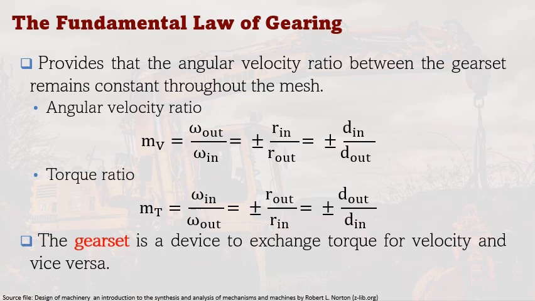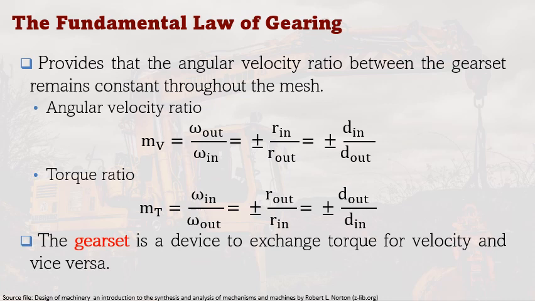The gear set therefore is a device to exchange torque for velocity and vice versa. Because if you can observe, for example, the rotation of a shaft is then converted to velocity, whether it's linear or angular velocity.